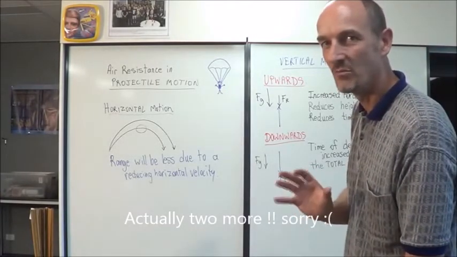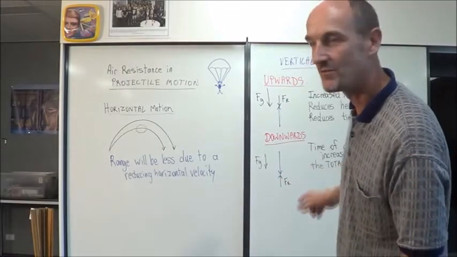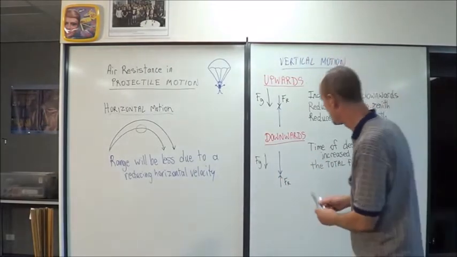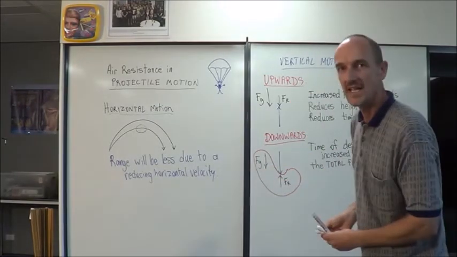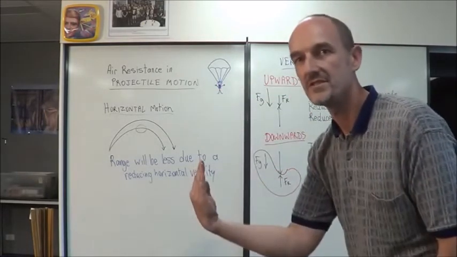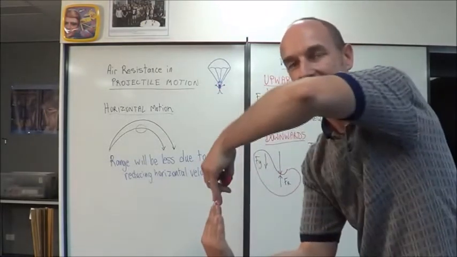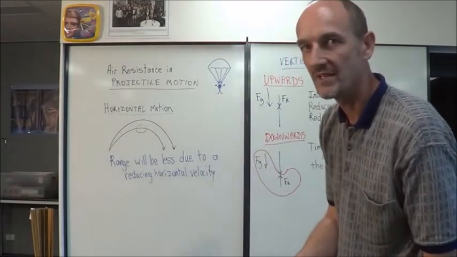You may or may not pick up that if the force of gravity and the force of air resistance actually end up being the same, then what's the total force going to be?